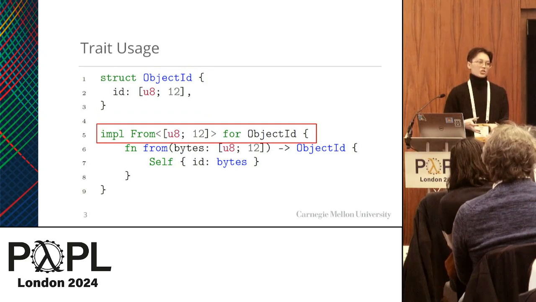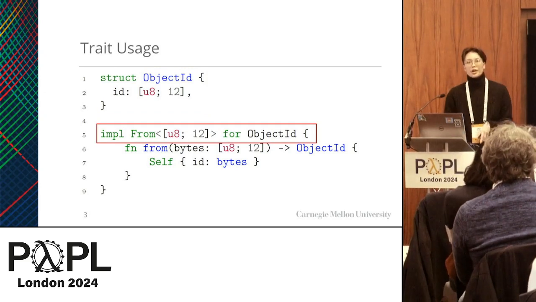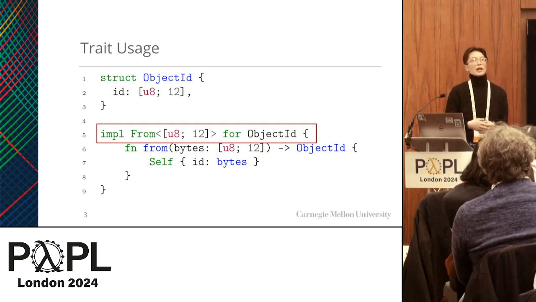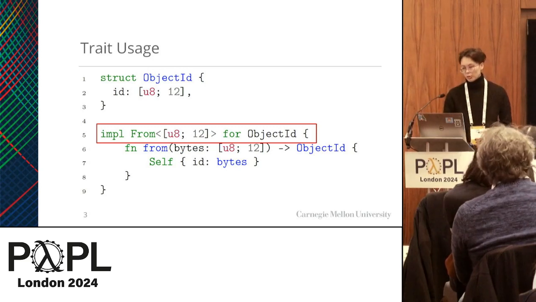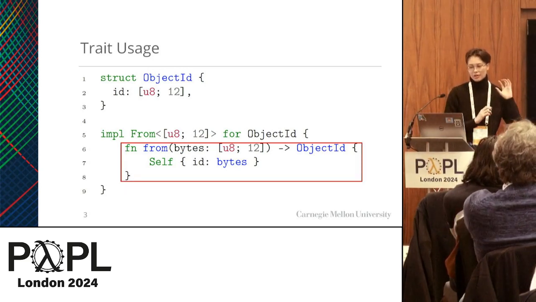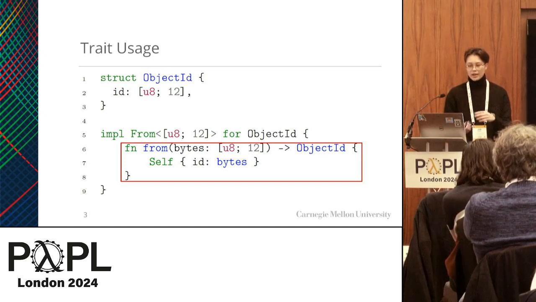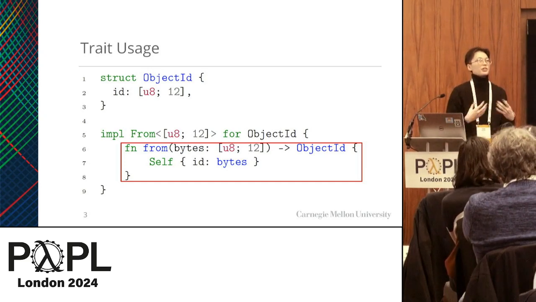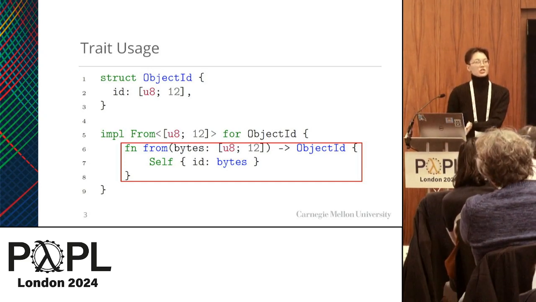The From trait just converts from one type into another, and its invariant is that it's not allowed to crash. In this case, we just take in our U8 array of size 12 and put it into that ID field. This won't crash. This is a valid implementation of From.